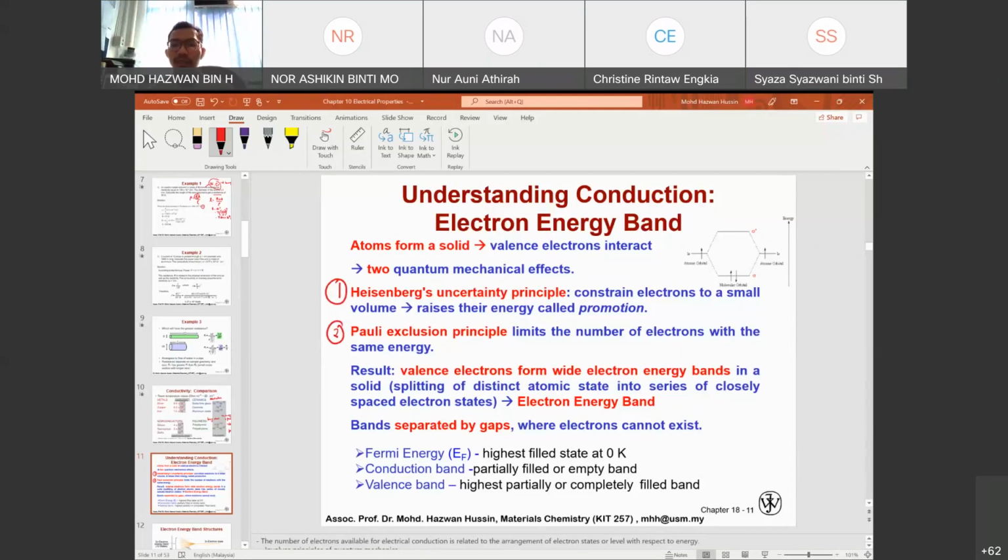Pauli exclusion principle. So if I ask you a very simple element, hydrogen atom, what is the proton number and the electron number? We just want to check your basic chemistry. Gui King Sheng, are you there? Yes, doctor.